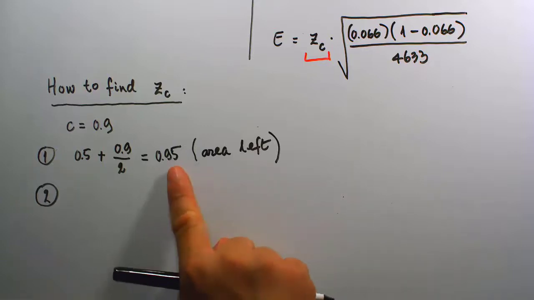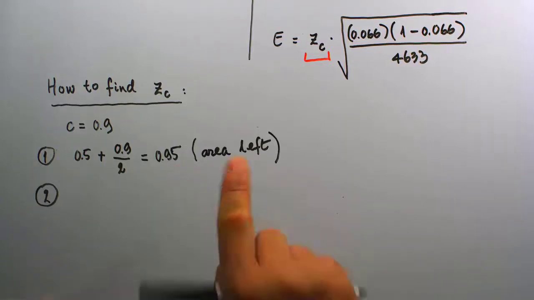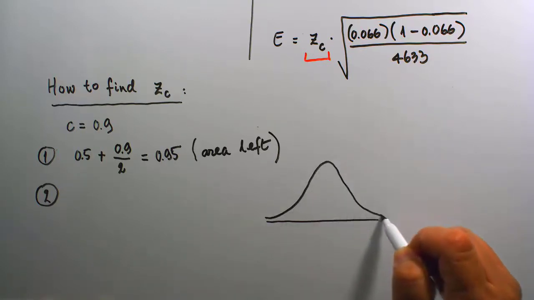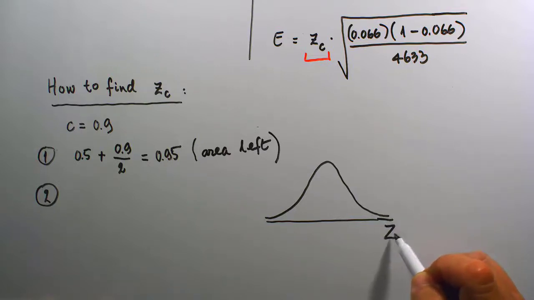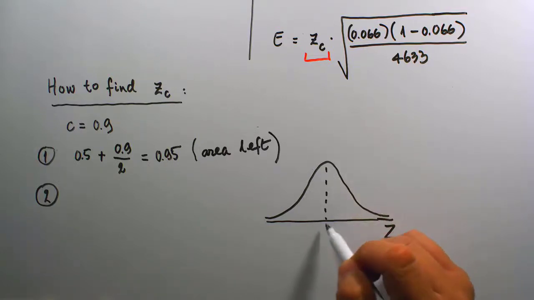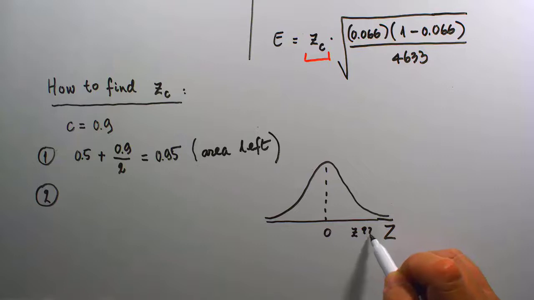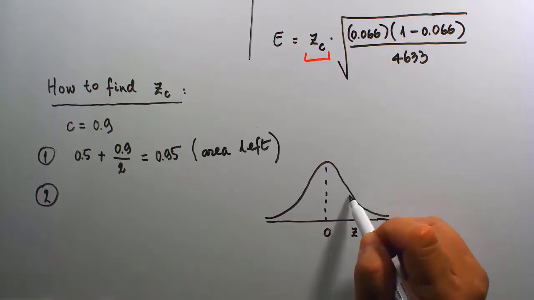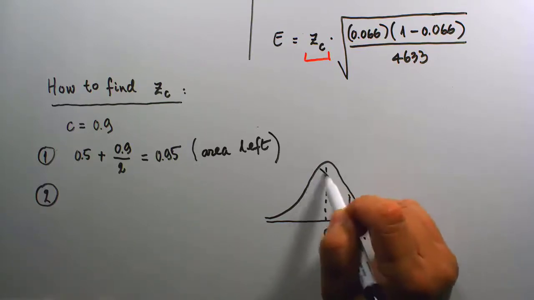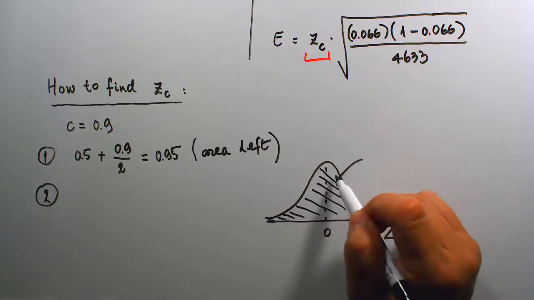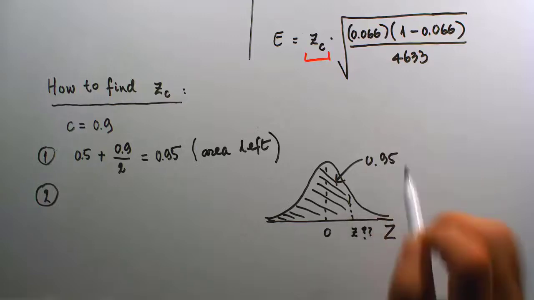The reason why I refer to this value as an area left is because in my next step, the plan is to think about the standard normal distribution. So this is the bell curve of our z-score. Then which z-score is giving me an area shaded to the left to be 0.95, and that's the plan.